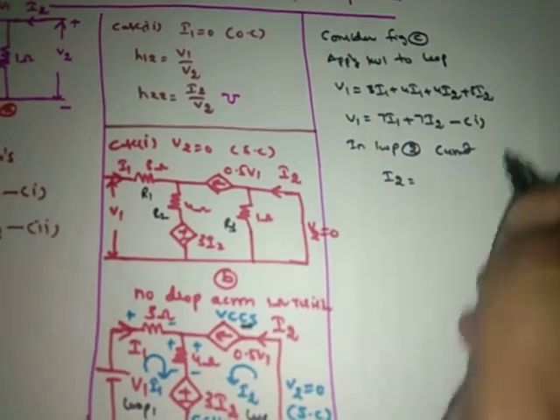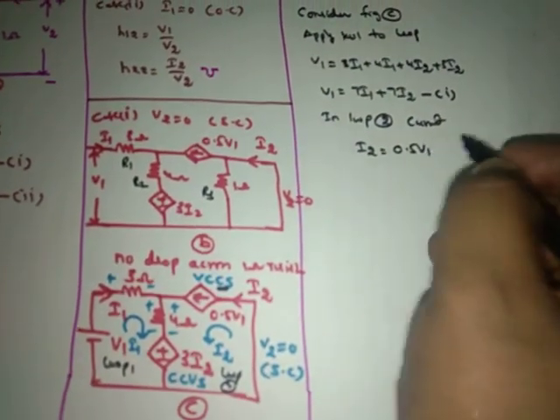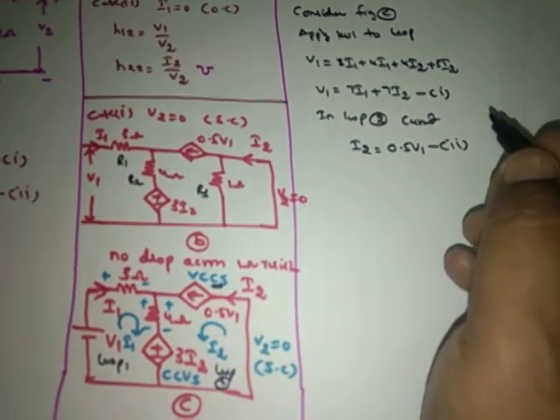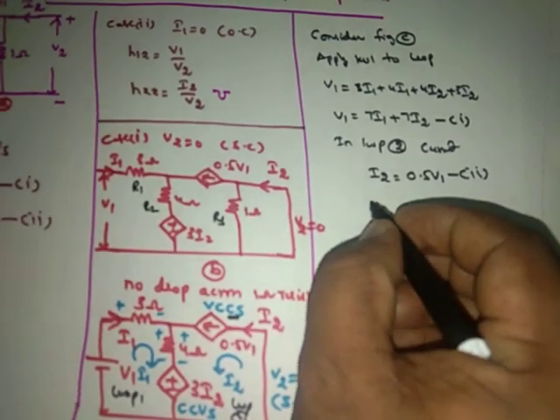I2 current is equal to, already given in the problem, I2 is equal to 0.5 V1. This is equation 2. Now put 2 in 1.